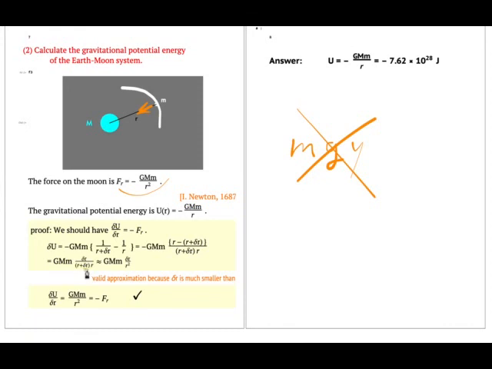I can neglect the delta r in the denominator because it's added to a much larger number. I can't neglect the delta r in the numerator because that would just give me 0. And so what I have is GMm delta r divided by r squared. That's a valid approximation because delta r is much smaller than r.